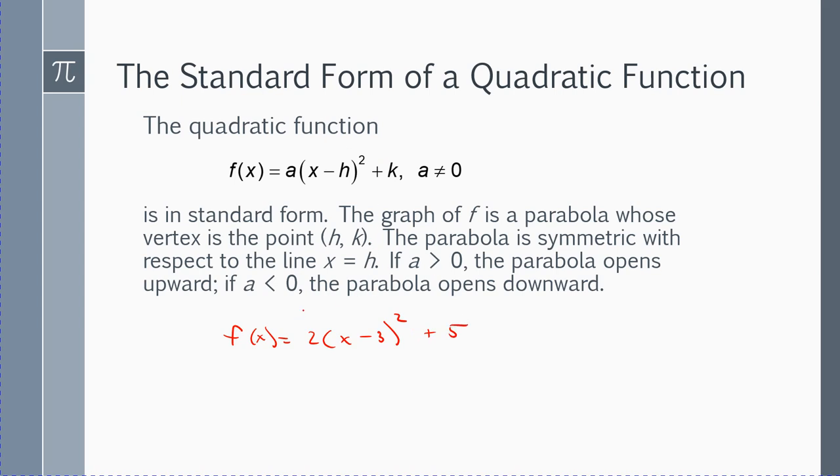Notice that the values of a, h, and k are filled with numbers. If you have a function of this form, the graph of this function f is a parabola whose vertex is the turning point.